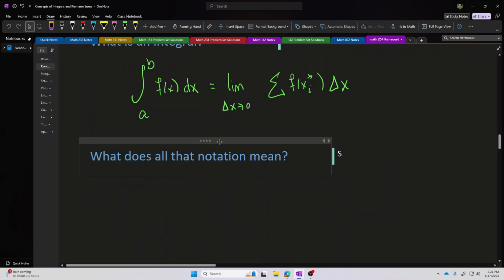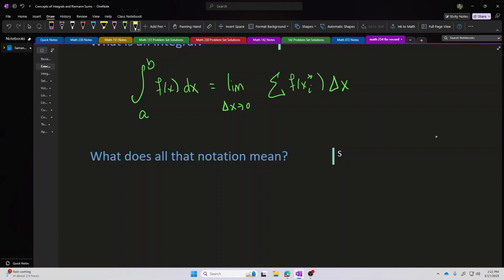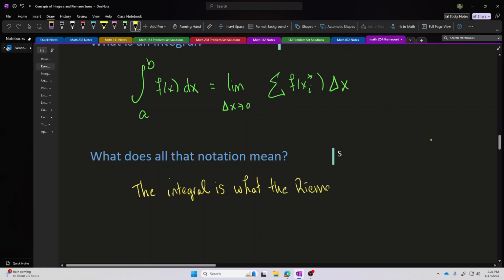So all of this notation that I've just written down, if I were going to paraphrase this sentence, I would say that the integral is what the Riemann sum becomes when delta x gets extremely small.